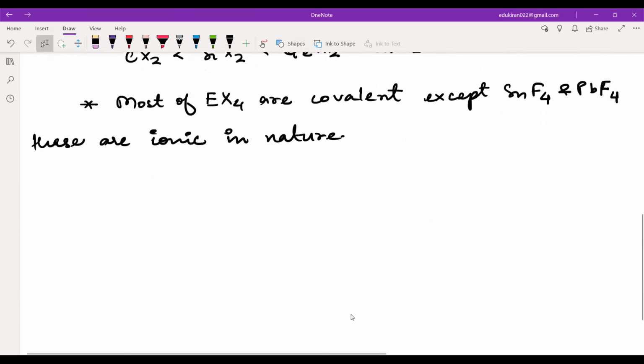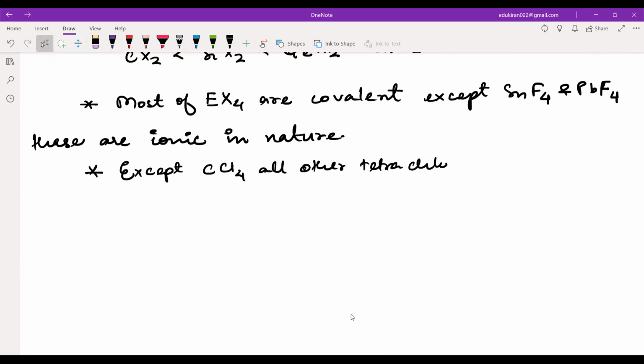So you can write, except CCl4, all other tetrachlorides are easily hydrolyzed. Okay, why does this happen?